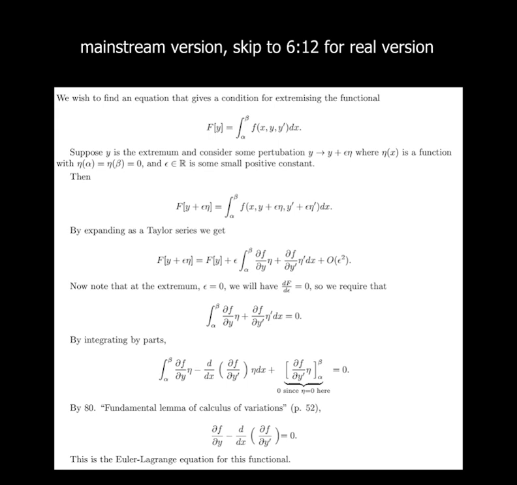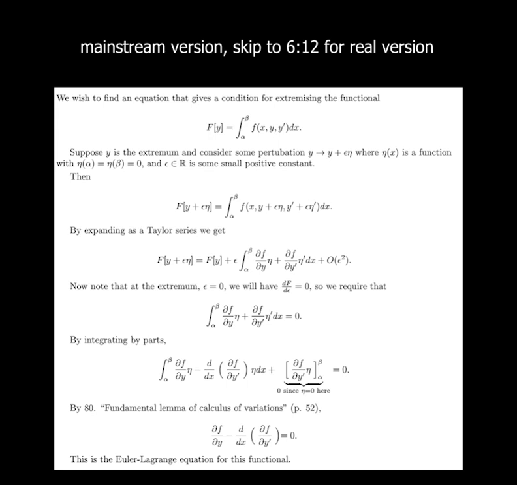And then we're going to expand as a Taylor series. I know, so much mainstream math stuff, but we're going to expand as a Taylor series, and we get F of y plus epsilon eta is F of y plus epsilon times the integral from alpha to beta of partial f over partial y times eta plus partial f over partial y prime times eta prime dx, plus some terms of order epsilon squared.